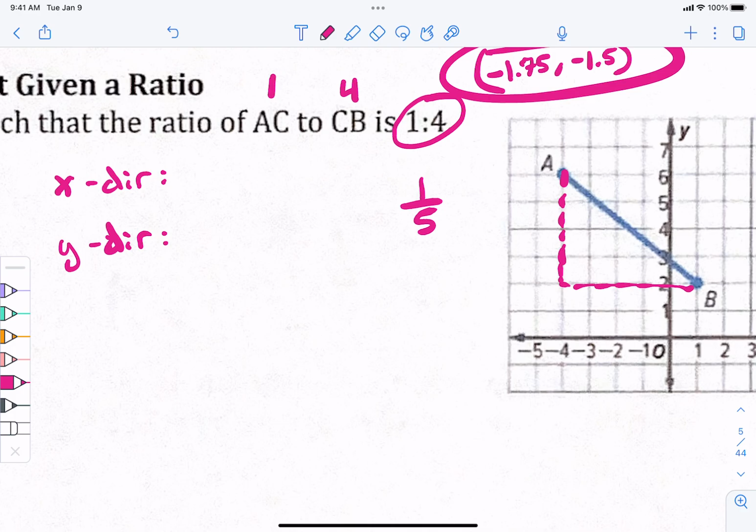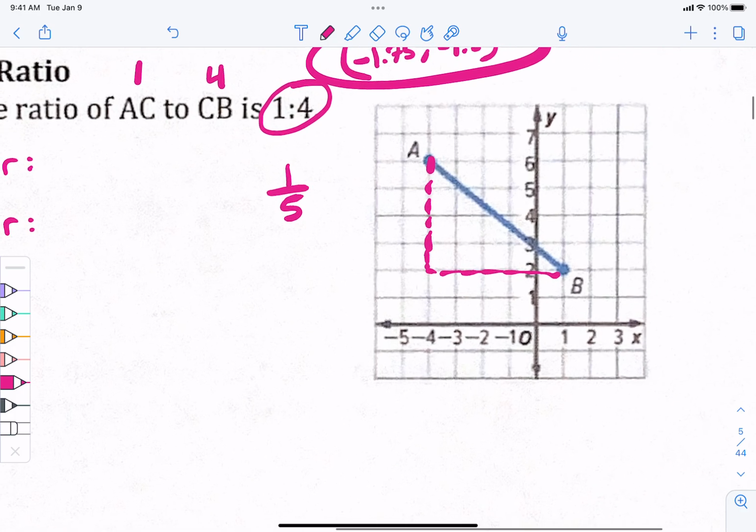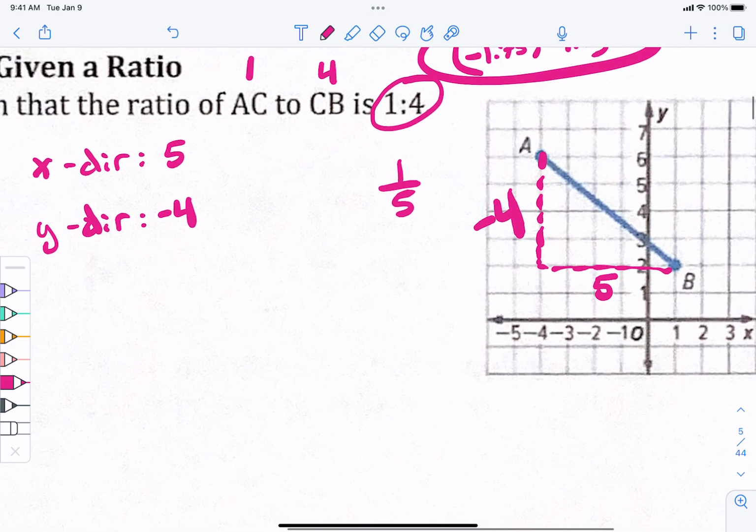In the x direction. X direction is to the right. How many have we gone to the right? 5 on the bottom. Okay, how many have we gone down? 4. Yep, I'm going to say -4 so that we know that we've gone down. So we've gone 5 in the x and -4 in the y, right? Okay, now I want to multiply each one of those by 1/5, right? We're going a fifth of the distance.